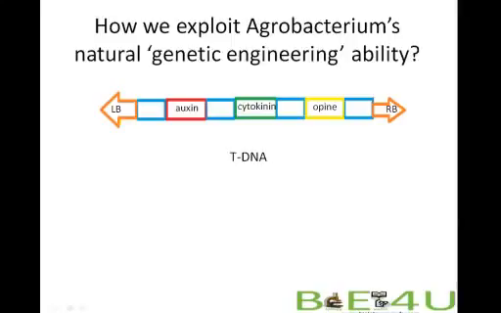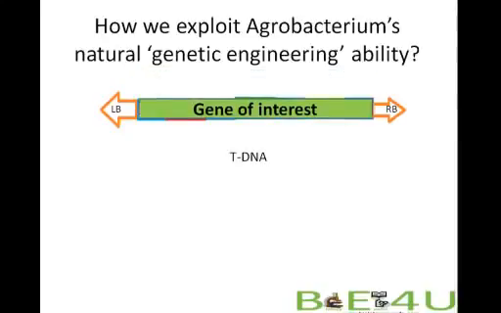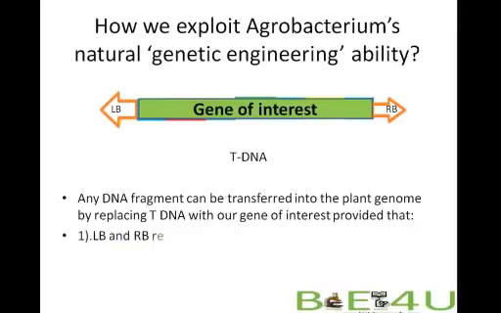And how do we exploit Agrobacterium's natural genetic engineering ability in our gene cloning technology? As we mentioned in the second slide, this is the tDNA. We introduce the gene of interest into the portion of tDNA; any fragment can be transferred into the plant genome by replacing the tDNA with our gene of interest, provided that the essential prerequisites are met.